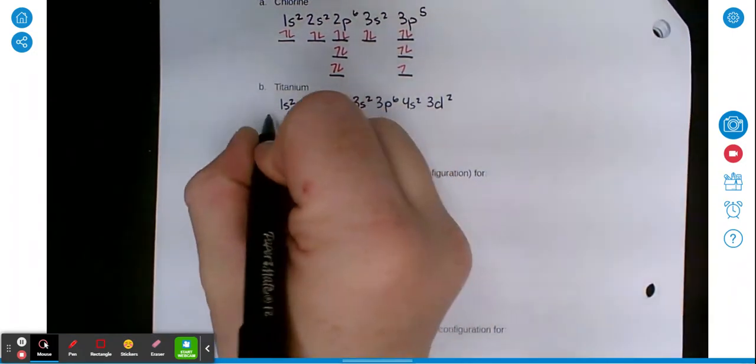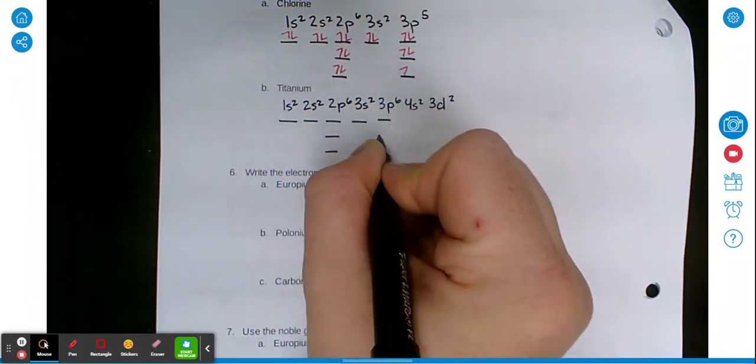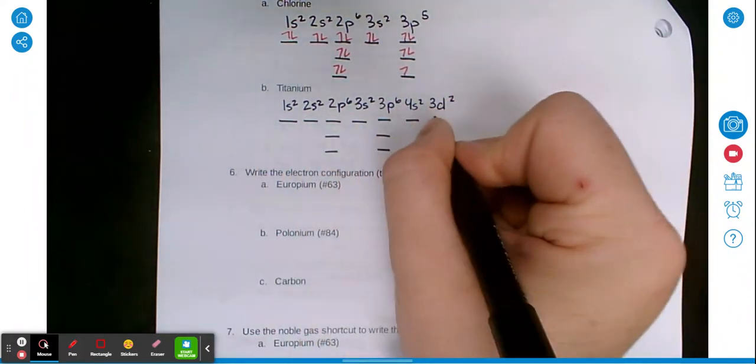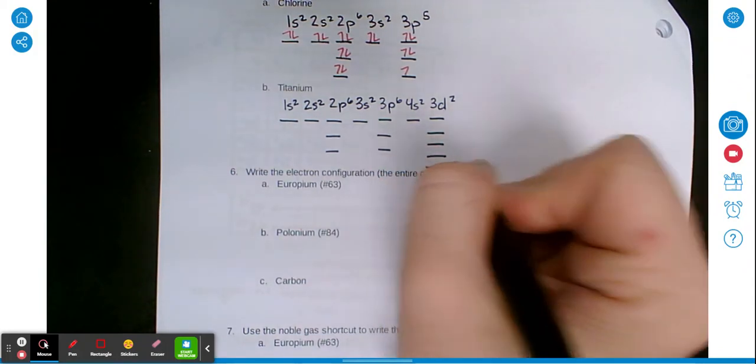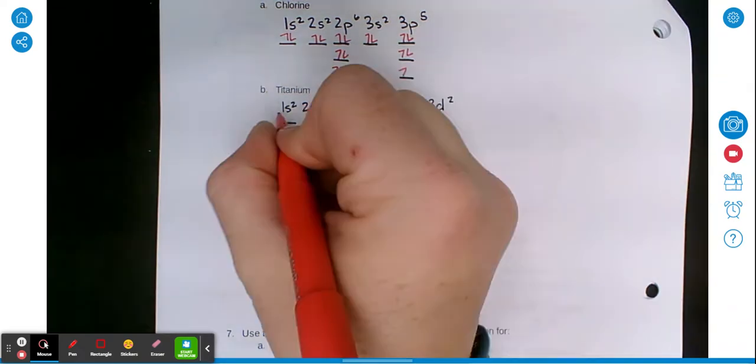All right. S's get 1. P's have 3 shapes. D's have 5. And now I can fill.